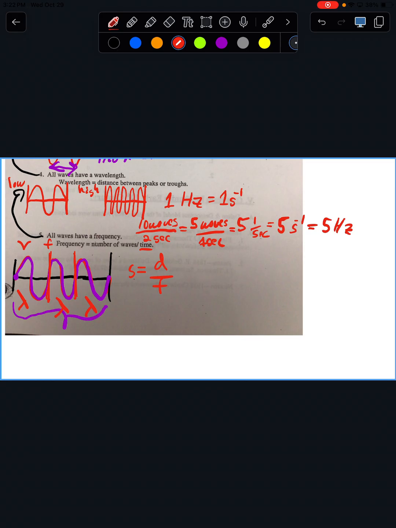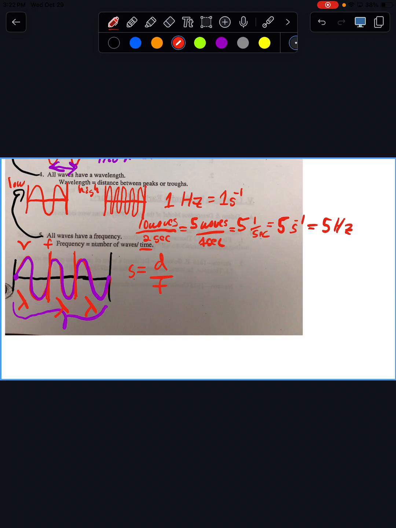So how do I figure out that purple distance here from one side to the other? Well, by definition, the wavelength is the length of the wave. So how many waves do I have here? 1, 2, 3. 3 waves, and I know its wavelength.